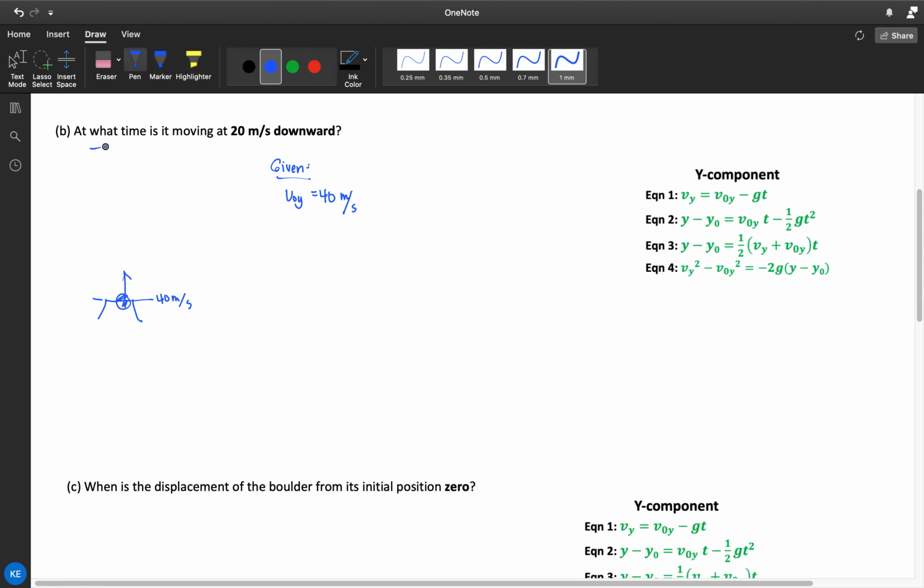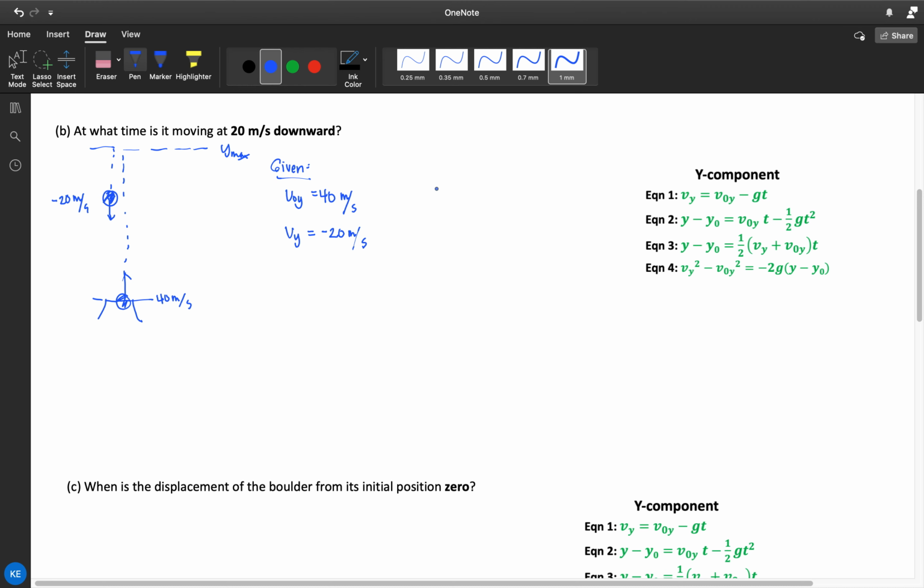And then here's the maximum height, for example, Y max. So here, pabalik na siya, that would be moving downward. Okay, shall we say na diri 20, negative 20 meters per second.